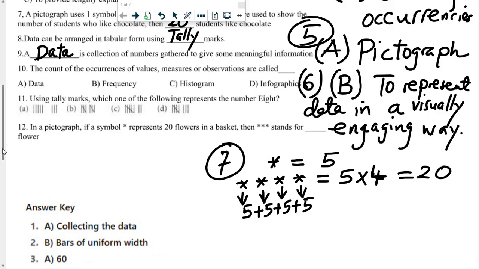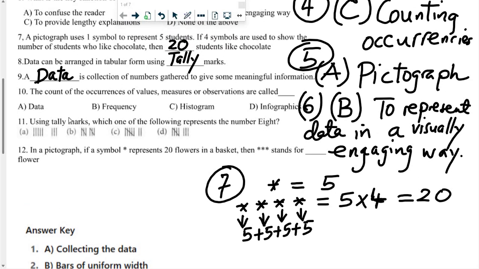Question number 10. The count of the occurrences of various measures or observations is called frequency.